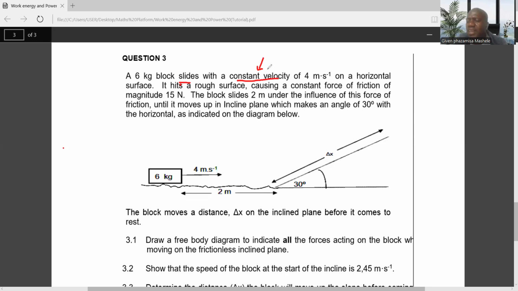They mean that the initial velocity and final velocity are the same. Obviously, that means acceleration is 0. There's no acceleration, because acceleration is the rate of change of velocity, the change in velocity over change in time. So if there's constant velocity, the final and the initial velocity are the same, so acceleration is 0.